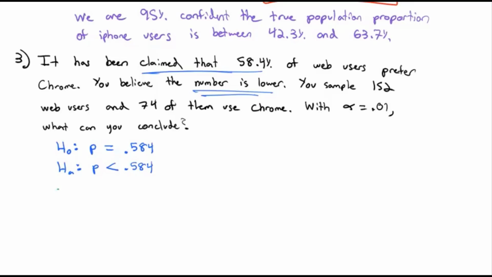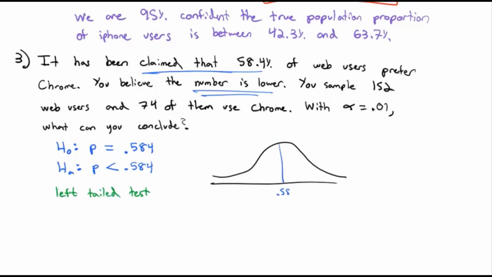Which means this time we really have a one-tailed test, or better said, a left-tailed test. Meaning we're going to reject the null hypothesis if we end up far out into the left tail. Drawing a picture, the hypothesized mean is at 0.584. We're going to reject if it's significantly to the left, or in that left tail.